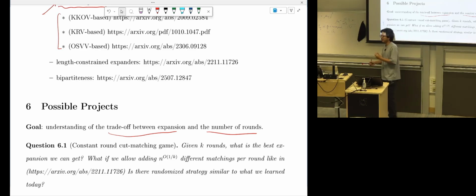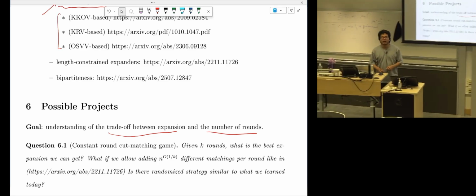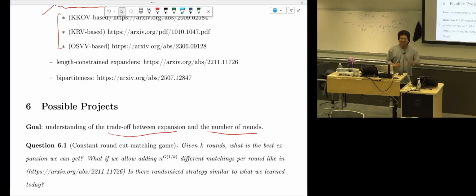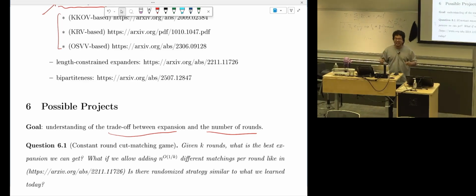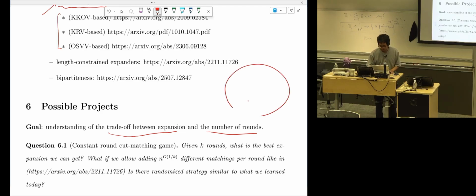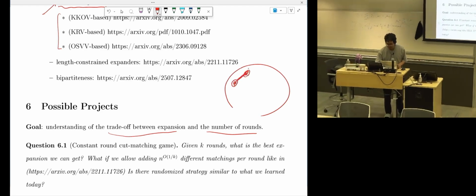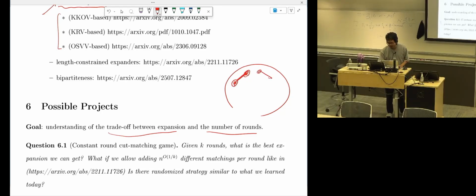If I allow the cut player to choose n pairs of sets, then you don't need to do anything. The cut player just chooses a pair here, another pair there, and it forces the matching player to add n pairs, so I can construct the whole graph in one round.